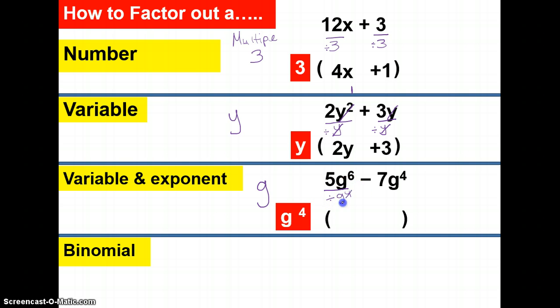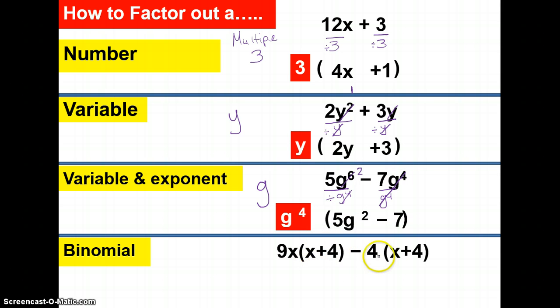So that will be gone, and I'll be left with 2 here. If I divide a g to the fourth here, that would be 5g to the second power, and this will just divide out, so I'm left with -7.